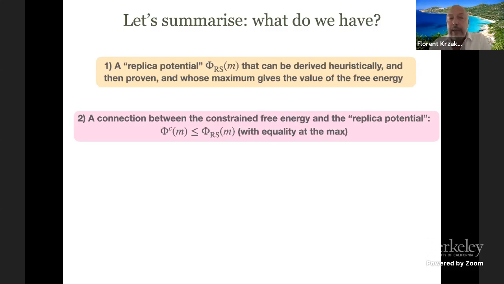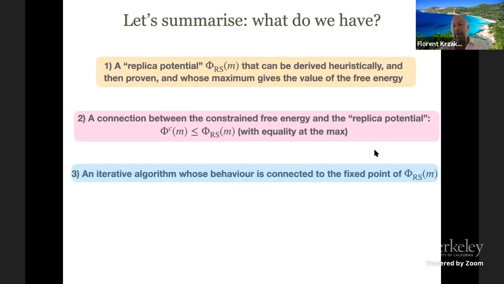We have this interesting connection between the constrained free energy and the replica potential. We actually saw that the constrained free energy is a lower bound to the replica potential for all m, with equality at the max. And finally, it was very easy for this problem to derive an iterative algorithm whose behavior is connected to the fixed point of the replica potential.